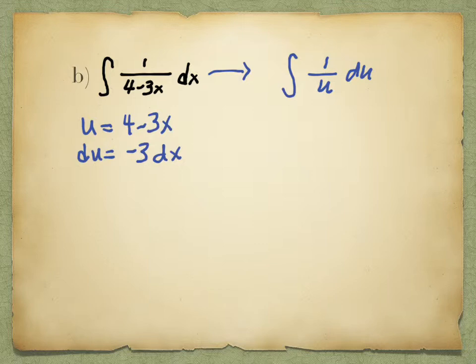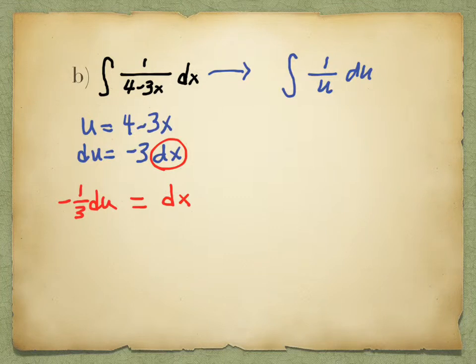This is how I tend to think of it. I tend to think of this dx as being something I'm going to solve for. So if I move this negative 3 over to the left-hand side as a negative 1/3, what that tells me is that the dx in the original problem needs to be replaced by negative 1/3 du.